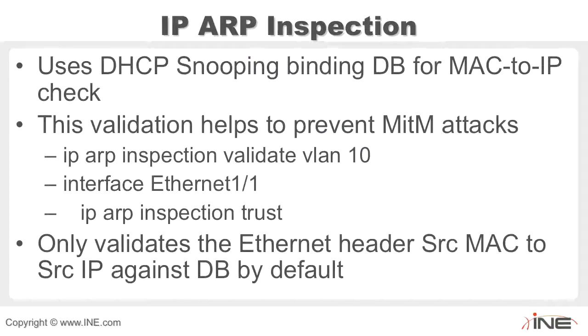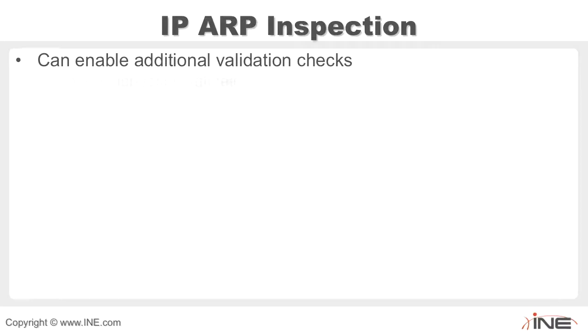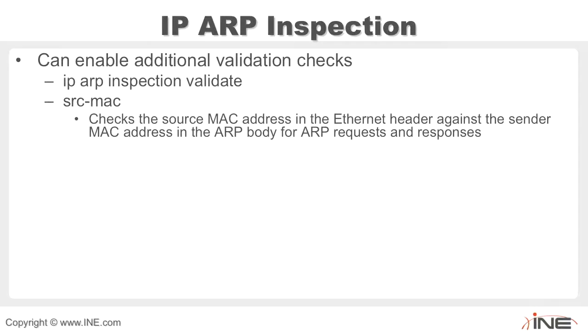So now the only thing is that this is only going to validate the Ethernet header source MAC against the database by default. So this is only really for ARP inspection, and we can enable additional validation checks. So we can say that ip arp inspection validate should check the source MAC address for ARP requests. By default, the ARP inspection only validates the actual ARP message, which is encapsulated in the Ethernet header.